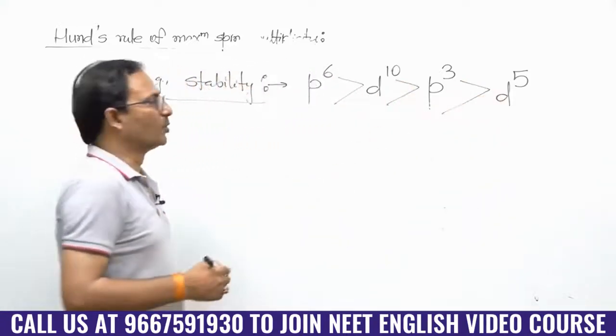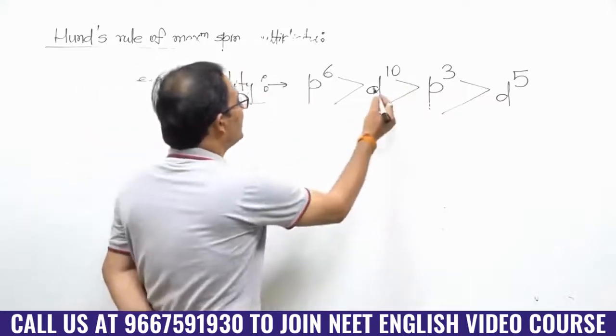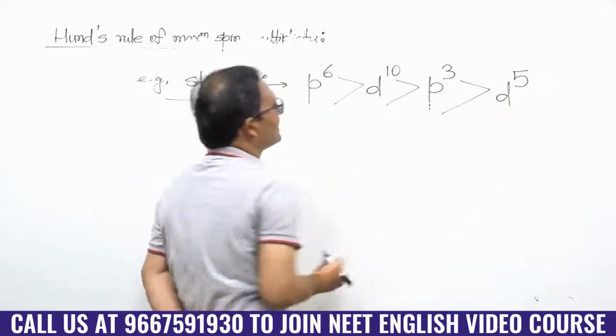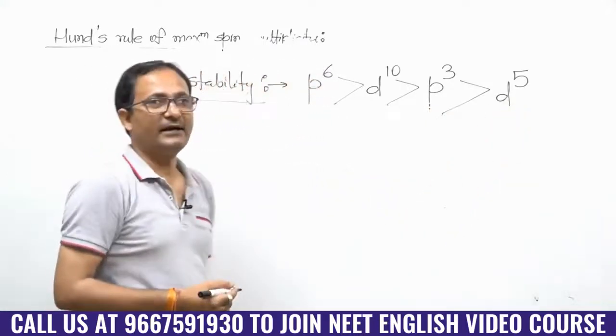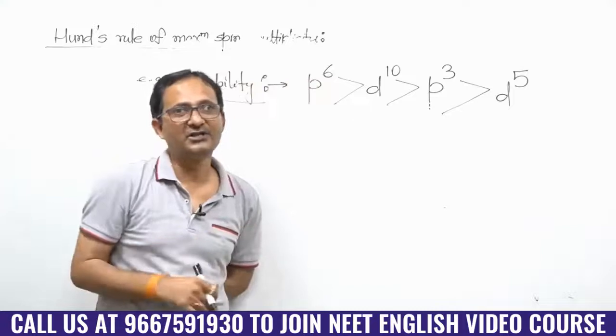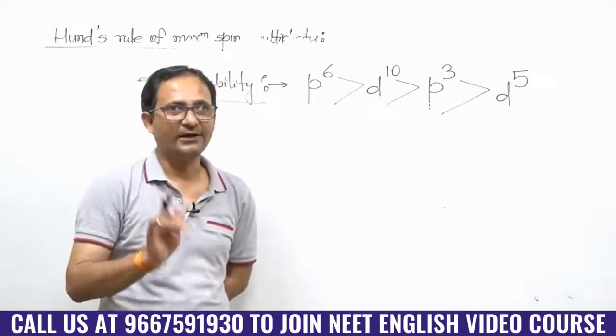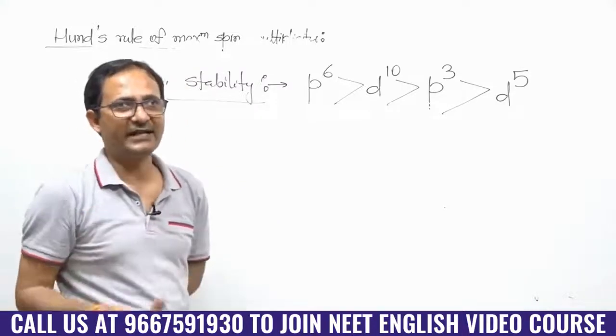Among these, the most stable is P6, then D10, then P3, and the least stable here is D5. Assume all these subshells are of the same shell, right? Now, what may be the reason here?